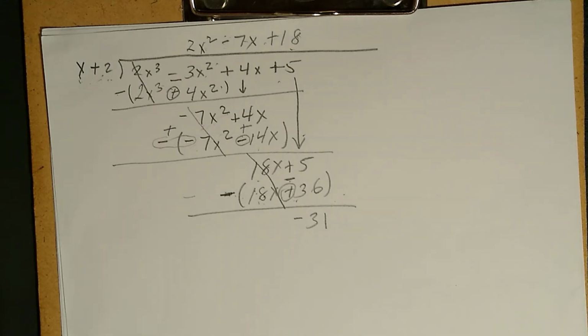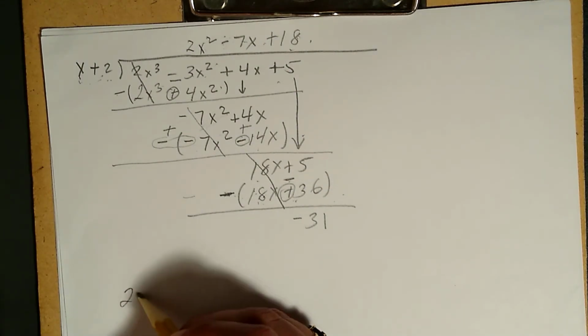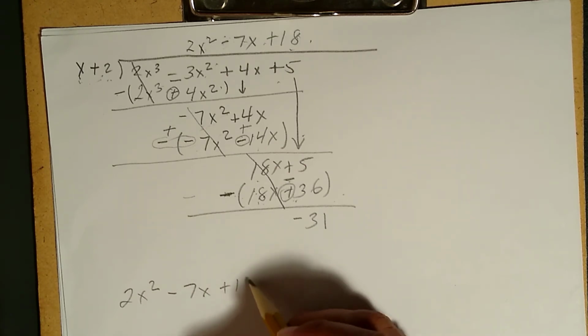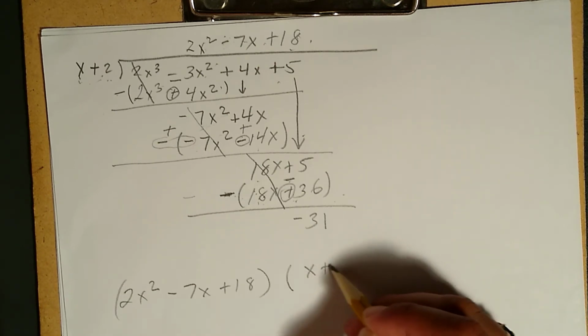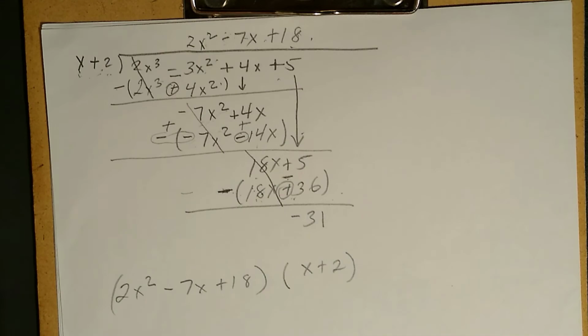As always, you want to double check your work. So we're going to take the answer that we got, 2x squared minus 7x plus 18, and then you multiply it by x plus 2. And in this step, we do the FOIL method.